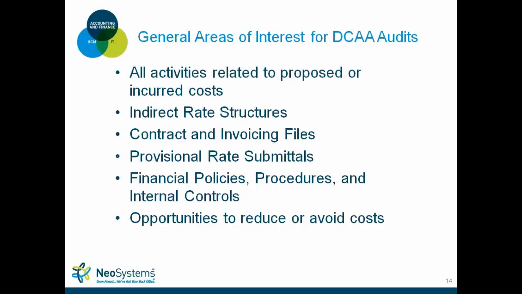So in summary of all the audits we've gone through, identifying the risks and the negative impacts they would have on a company, these are the general areas of interest for all DCAA audits. They want to see all activities related to proposed or incurred costs.